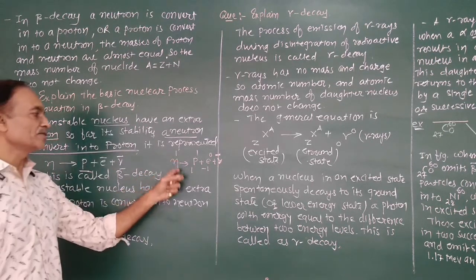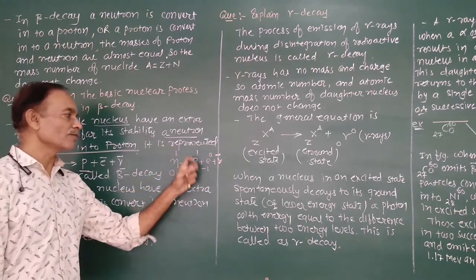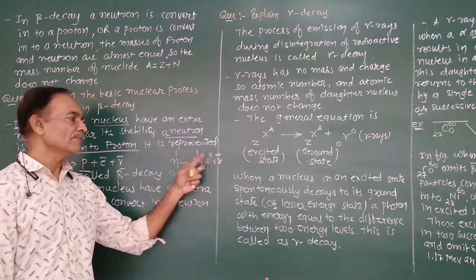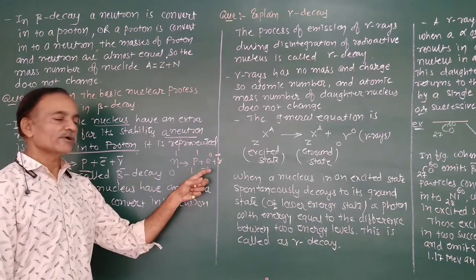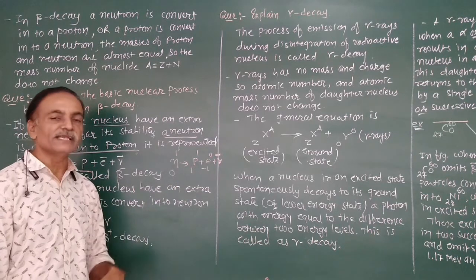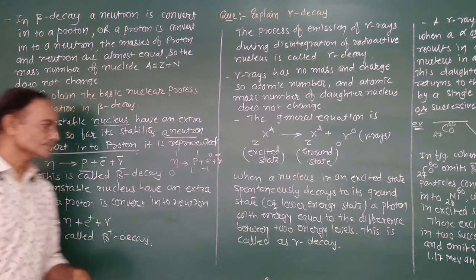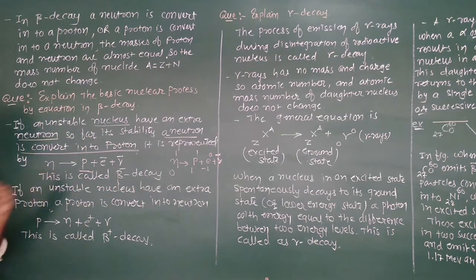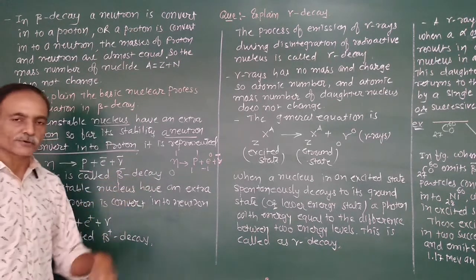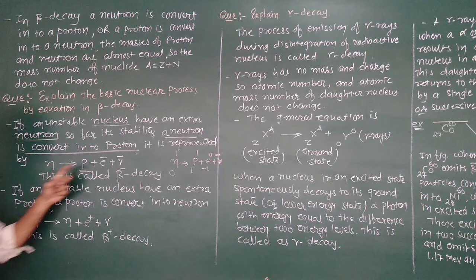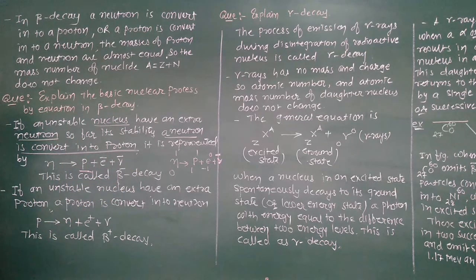So neutron n(0,1) gives proton p(1,1), or 1H1, plus electron e(-1,0) plus anti-neutrino. This is known as the beta minus decay process, or the emission of an electron during beta decay.